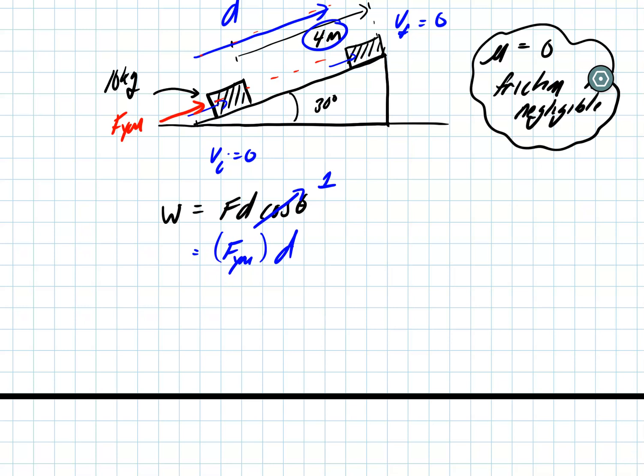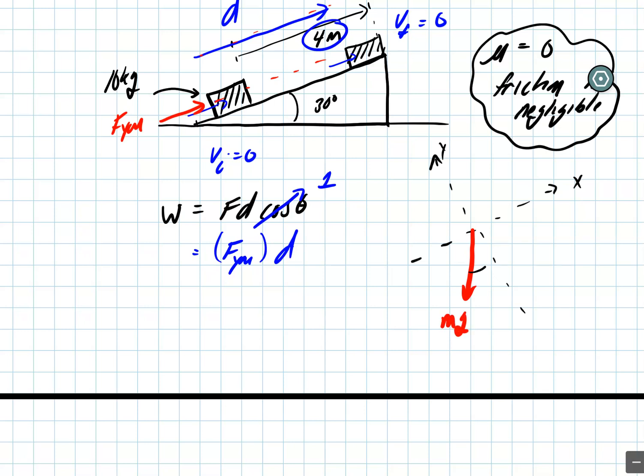Okay, now, but what is your force? To keep this video from getting too long, I'm just going to go ahead and say, remember on ramps, let's do our free body diagram real quick here. There's the normal force, and the Earth pulls down with a force of mg.